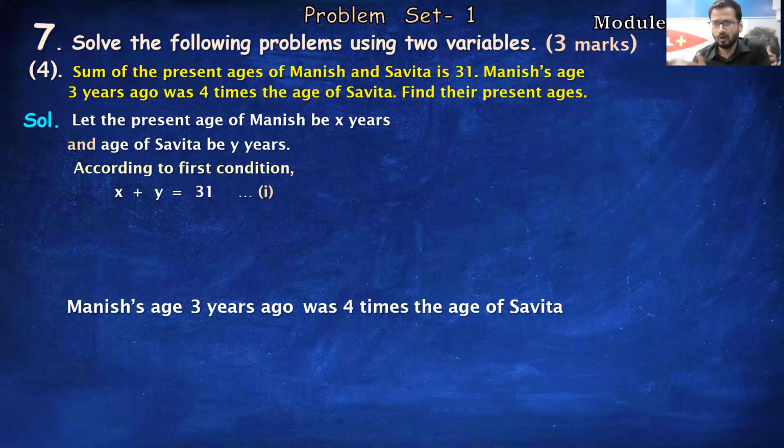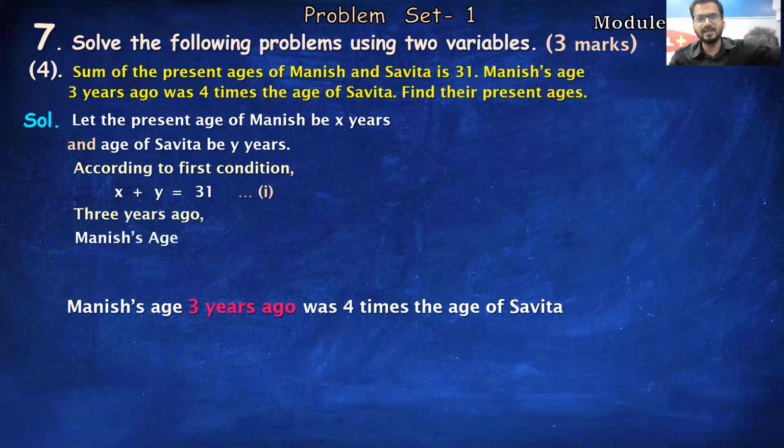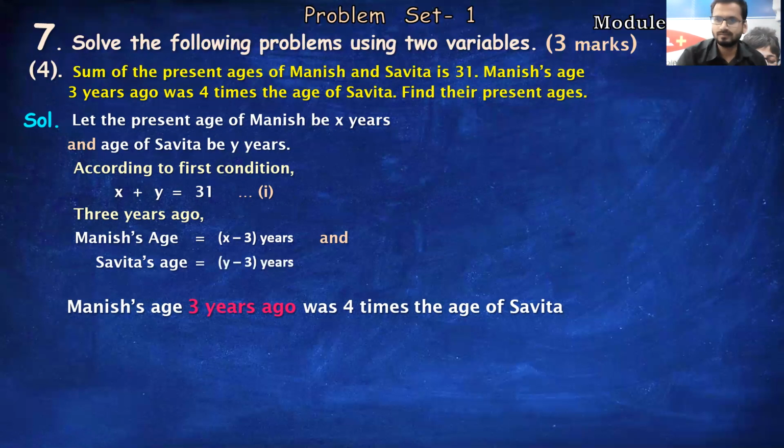So what should be her age 3 years ago? 30 minus 3, right? Similarly, in this case, Manish's age today is x, so his age 3 years ago has to be x minus 3. And Savita today is y years. 3 years ago she is going to be y minus 3 years. Yes or no, students? Fine.